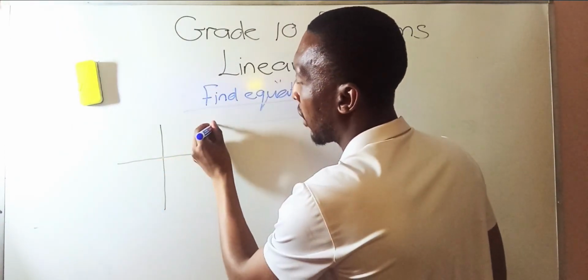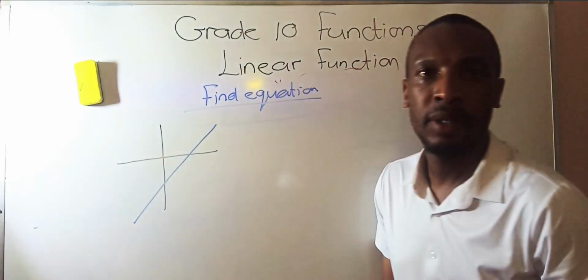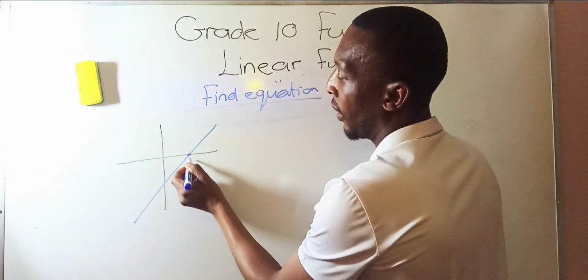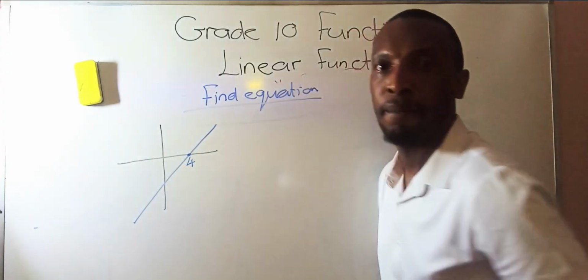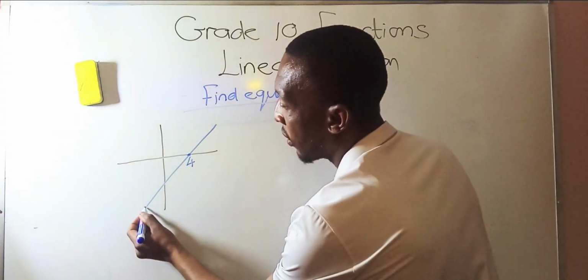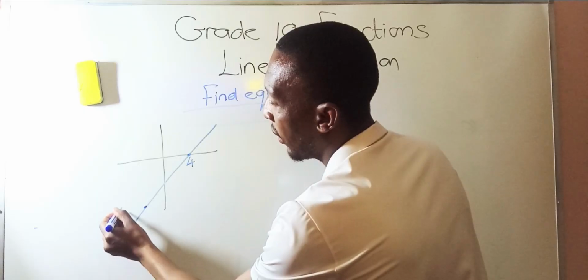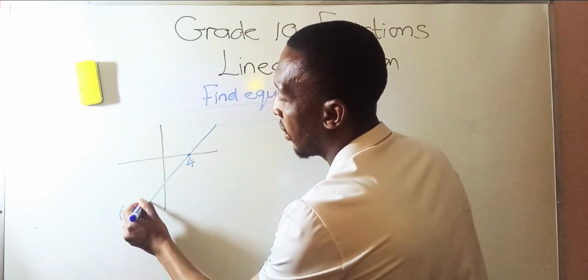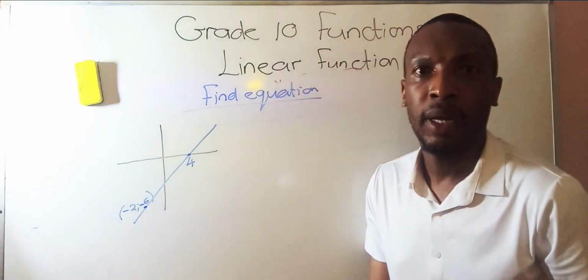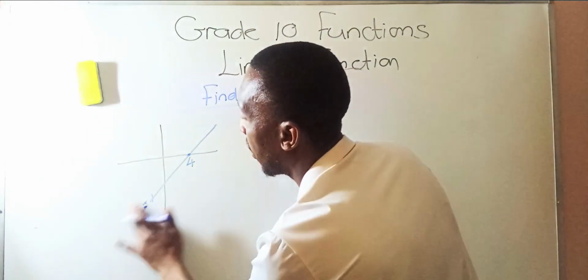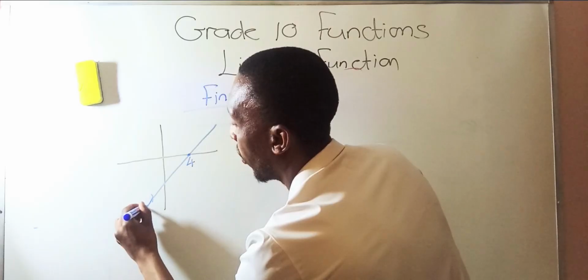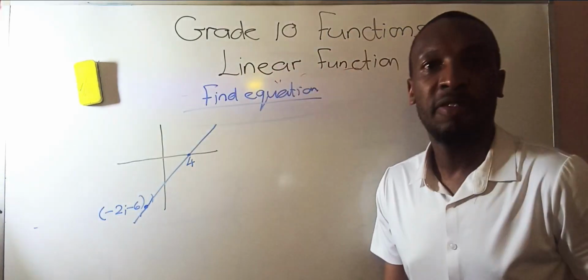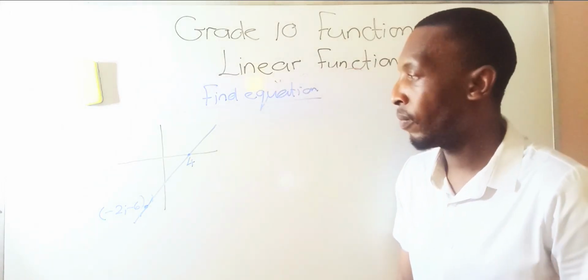Let's say this one goes like that, and they give you the x-intercept. They say that this is 4, and they give you another point here. Let's say this point is -2, -6. And they say find the equation.